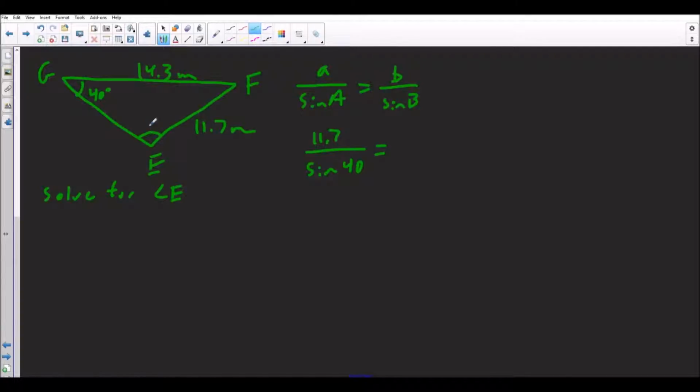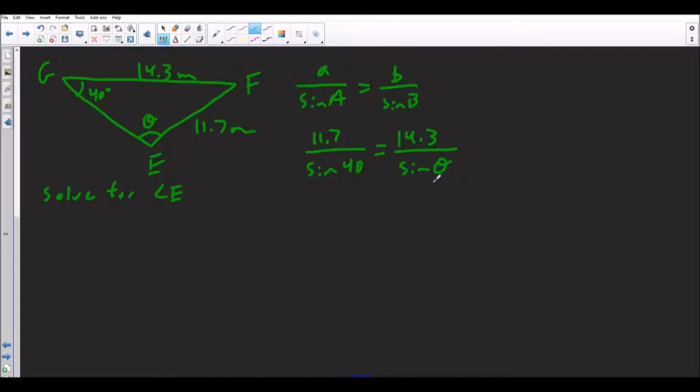We don't care that it's called E because we're just going to put it into the law of sines. The side across from that is 14.3, and then we're just going to say sine of theta because we don't know that theta. That's what we're going to solve for.